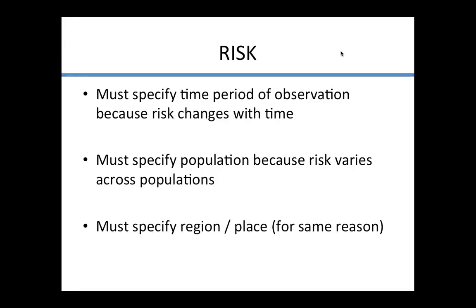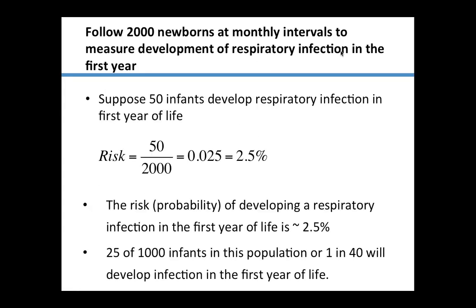For example, a 5-year period under which we're observing mortality or an incidence of disease will be less than a 10-year risk event. And that will be less than a 20-year risk event. And you also must specify the population because risk varies across populations. What's true in one country is not true in another country, or even a state, or a region, or a group of people. And that's why we looked at different groups of people before.